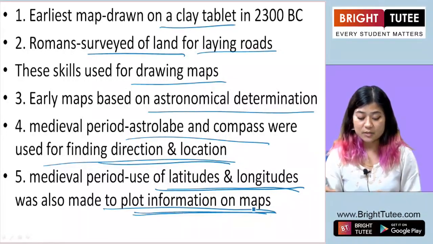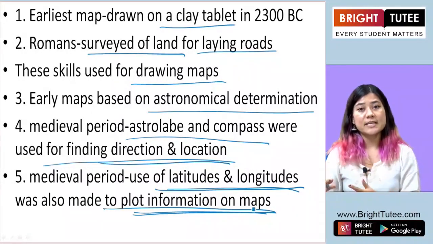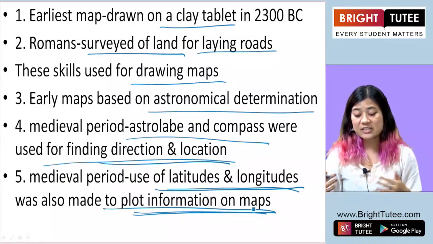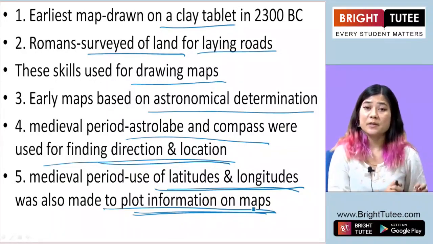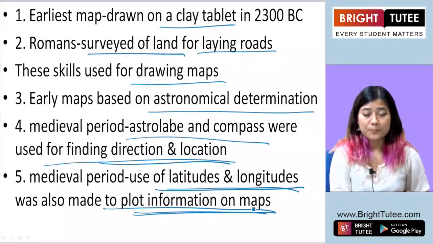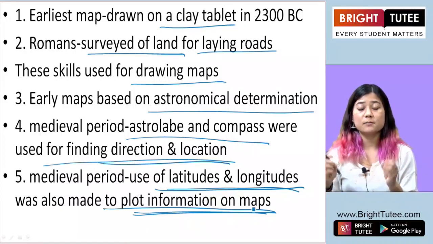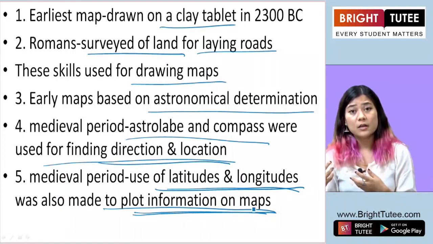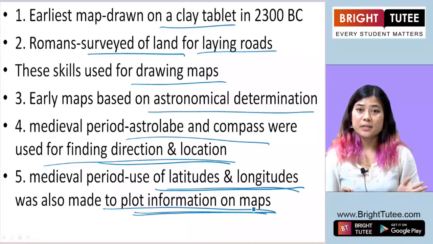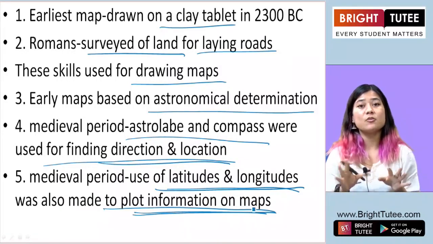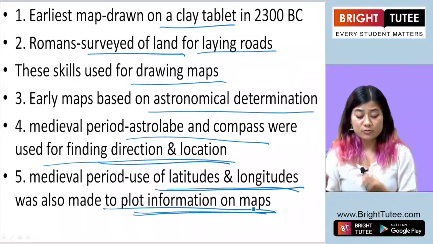So what we see of all these longitudes, latitudes, and directions were all done by the people living in the earlier period as well. Although today it's much more advanced, much easier, much more accessible, earlier in the medieval and ancient period, it may not have been easy to access, understand, and get.